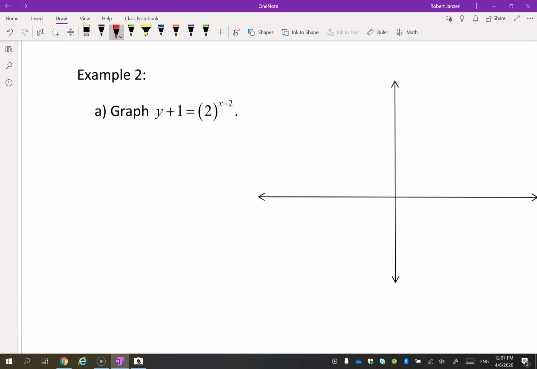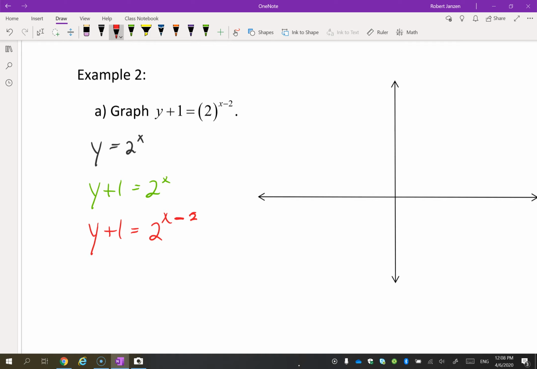Why don't you try that one? Start by doing the basic graph. Then, your next step, let's do y plus 1 equals 2 to the power x. What does that plus 1 do? That's going to be down 1. And then do y plus 1 equals 2 to the power x minus 2.